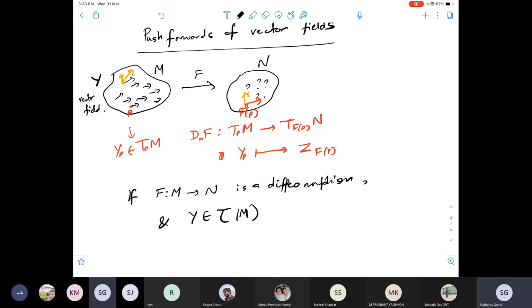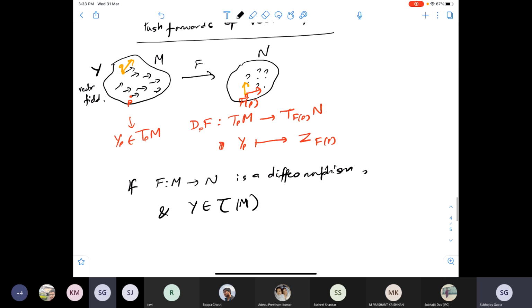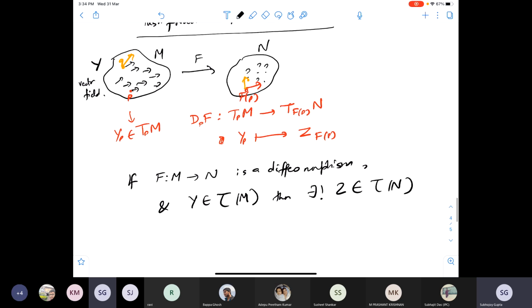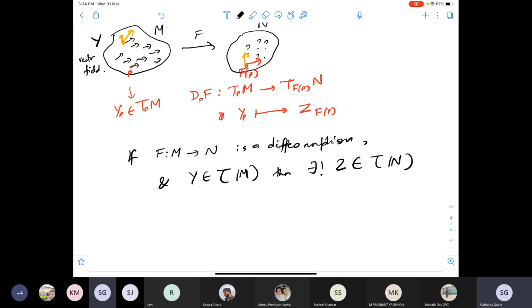So if you have some vector field on M, then the push forward that I just defined gives a unique vector field on N such that, as an operator, this identity holds.